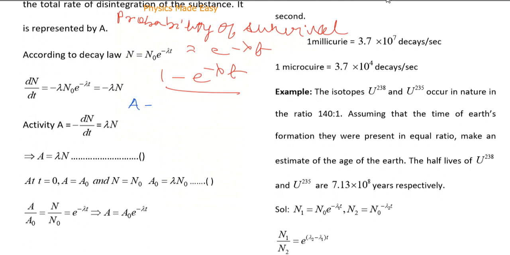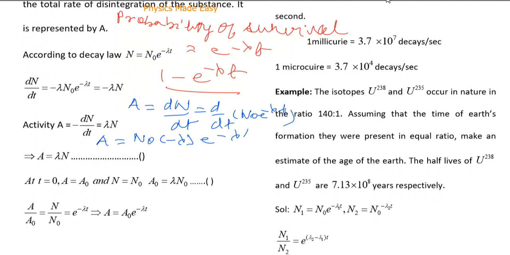Activity A is minus dN by dt, and this is equal to minus d over dt of N naught e raised to power minus lambda t. So A is minus N naught into minus lambda e raised to power minus lambda t.